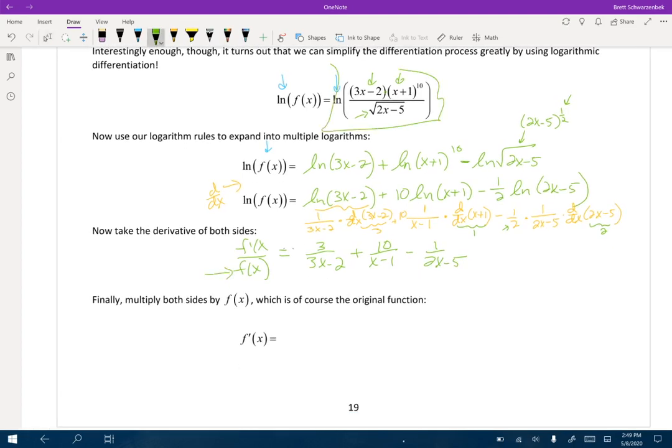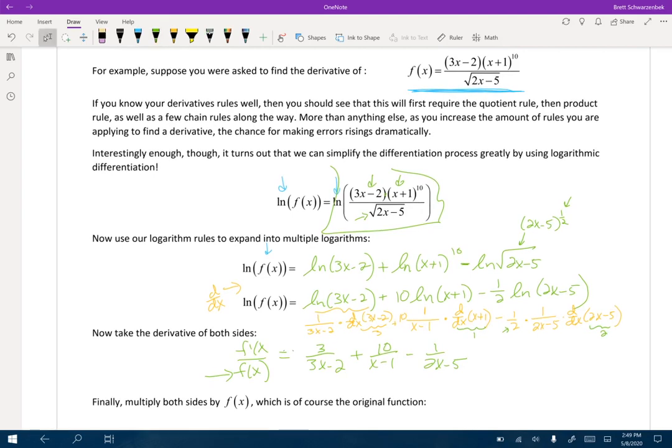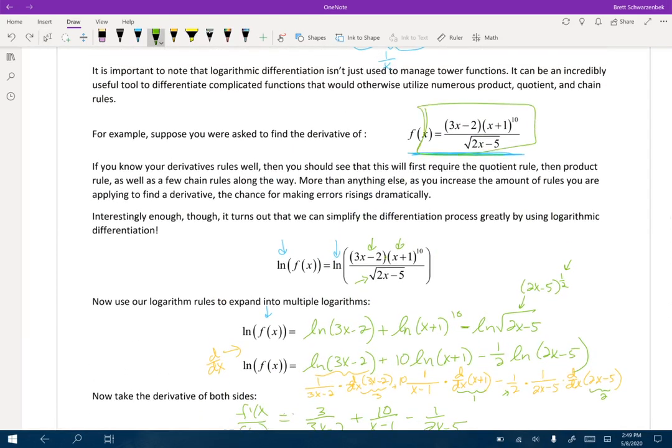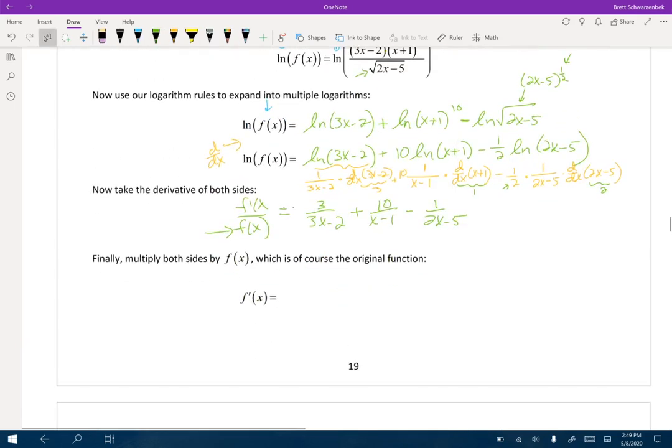When we multiply both sides by f of x, we're going to have an f of x here times this craziness.